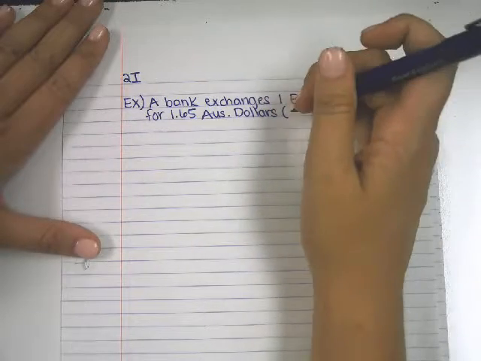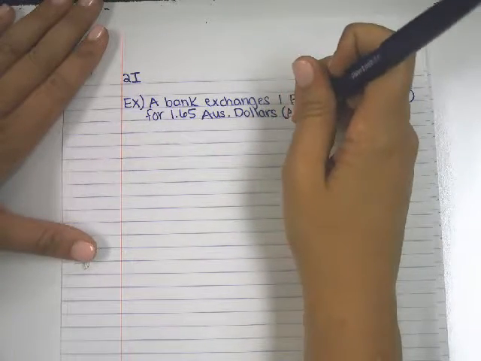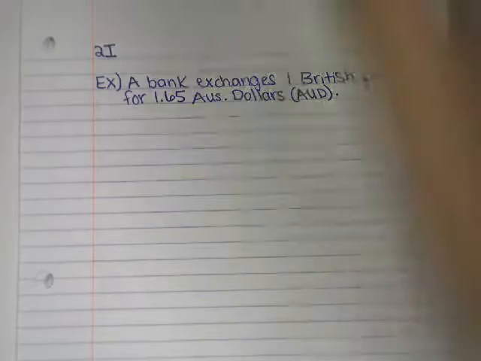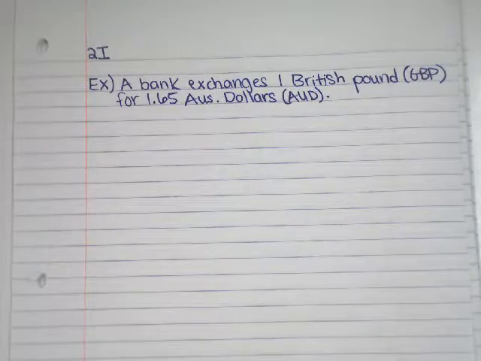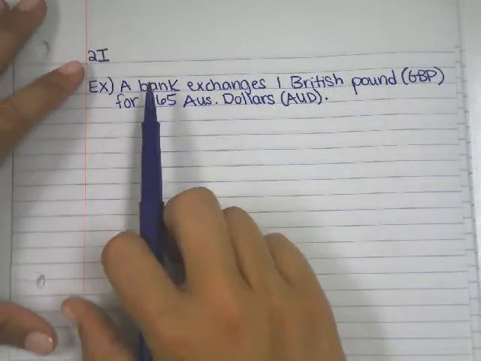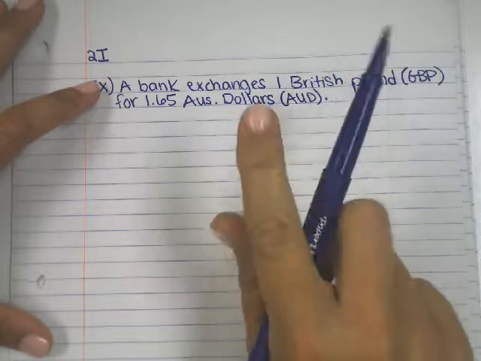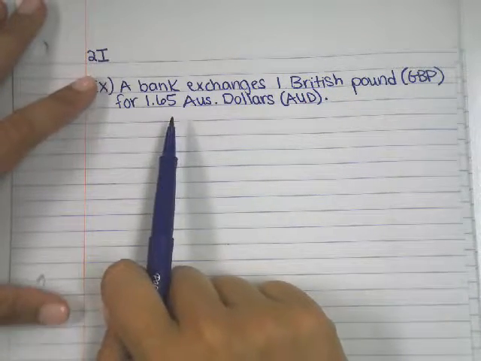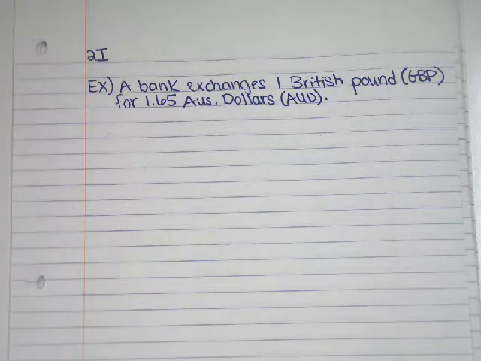Off the top of my head, I know Australia uses dollars. There's also Canadian dollars, US dollars. So they're all different types of money, types of dollar, but they have different values. So if you go to this bank and you bring them one single British pound, they will give you 1.65 Australian dollars in exchange for it.